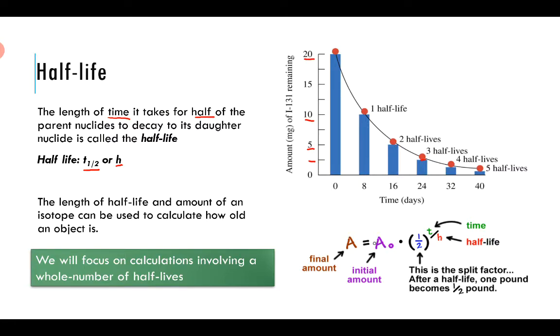But in this way, we're going to take our initial amount and multiply by 1/2 raised to an exponent to figure out how much time has elapsed. So total time over how long a half-life is will tell us how many half-lives have occurred, and that will give us our final amount.